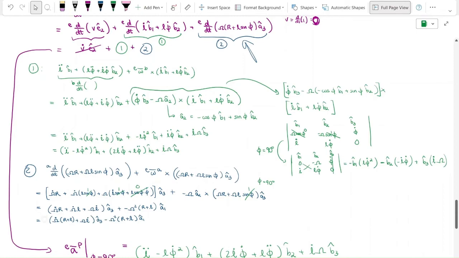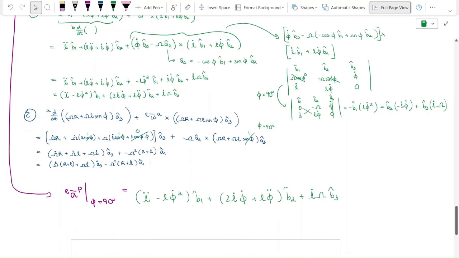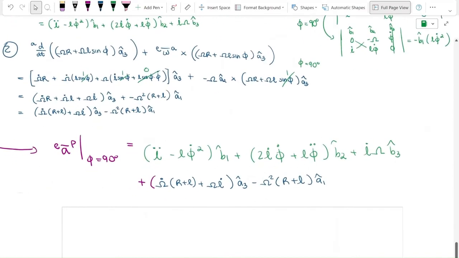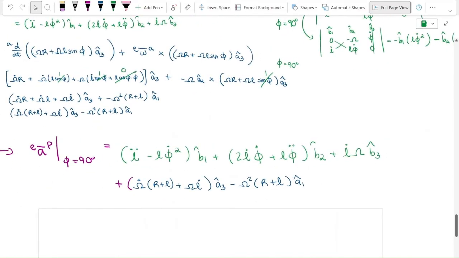Then we do this one, plus this. Okay, that looks kind of ugly, but we get the point. So this is a correct expression.